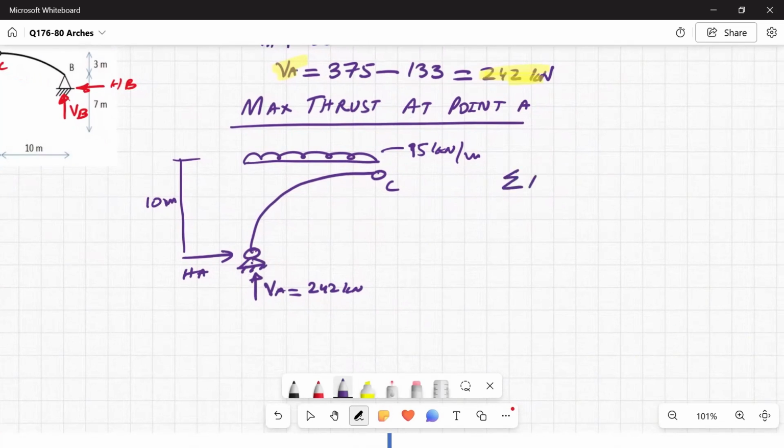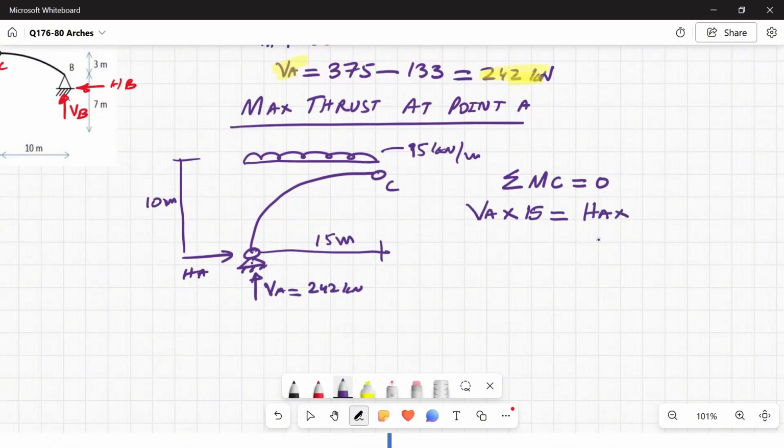So let us now find out the moment at C. The summation of moment at C is equal to 0. Firstly, clockwise moment, so I will say VA times the distance here, this is 15 meters, so VA times 15 is equal to HA times the distance between HA and C, which is 10, plus the UDL of 15 spread on 15, acting at half of 15, so I write it as 15 squared divided by 2.